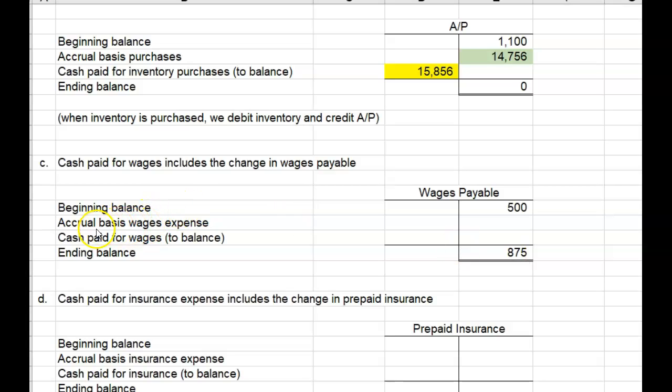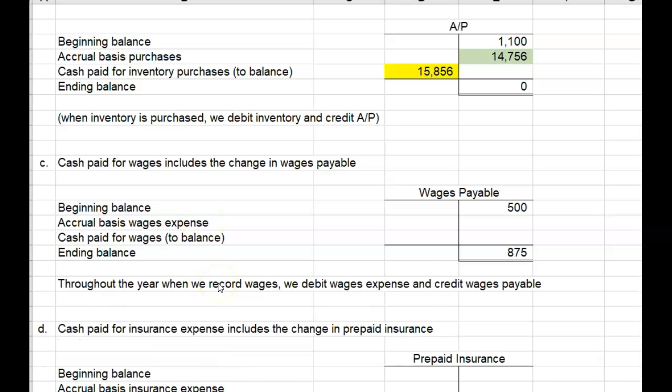Now let's put in our accrual basis wage expense. Think about the underlying transactions. Throughout the year, whenever we recorded wage expense, we debited wage expense and credited wages payable. So we're going to put the accrual basis wage expense as a credit, which is this half of the journal entries, into the T account for wages payable.